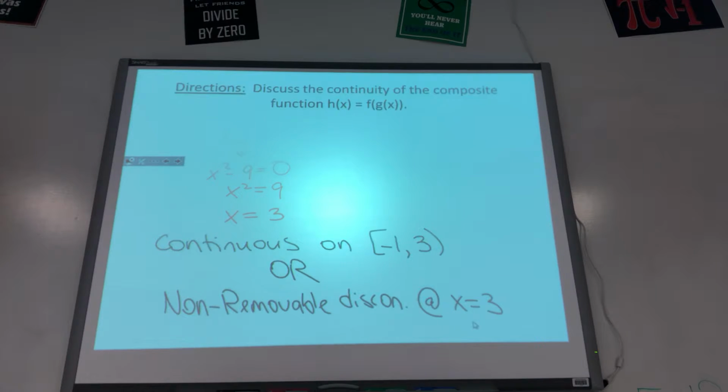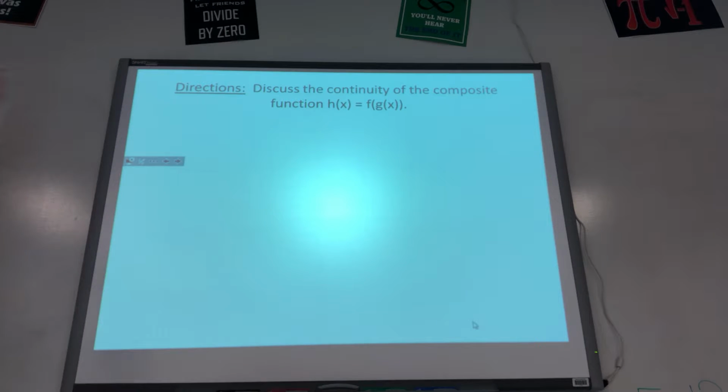Find the suspicious x values first. Now, directions are changing. They might change a couple more times here. This says, discuss the continuity of the composite function.